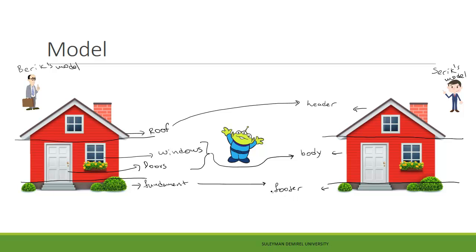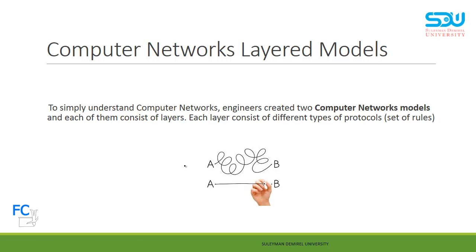So from this example, we may see two models, and we can see the comparison between them. To understand the house, the alien used one of these two models. To understand computer networks, we also use models.